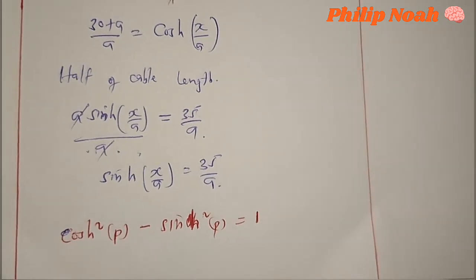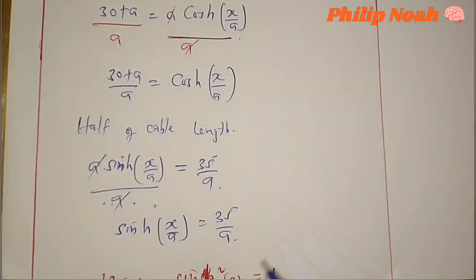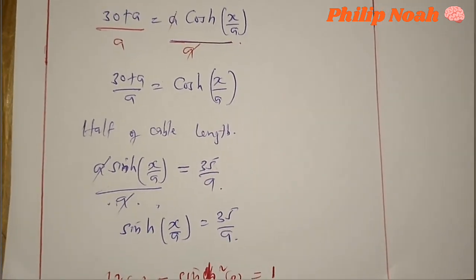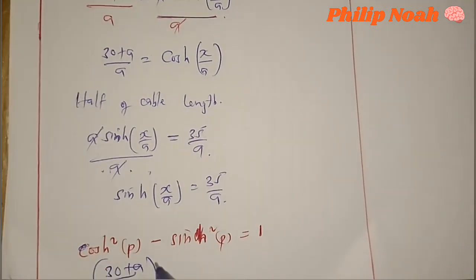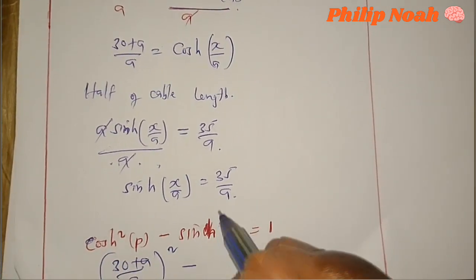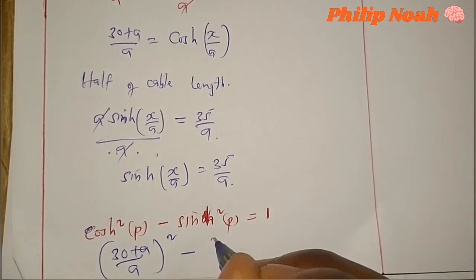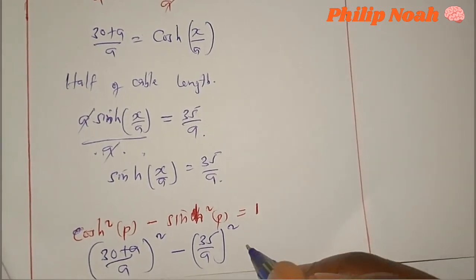So our cosh is this one, (30 plus a) over a, squared, minus our sinh, which is 35 over a, squared, right there, equals 1.